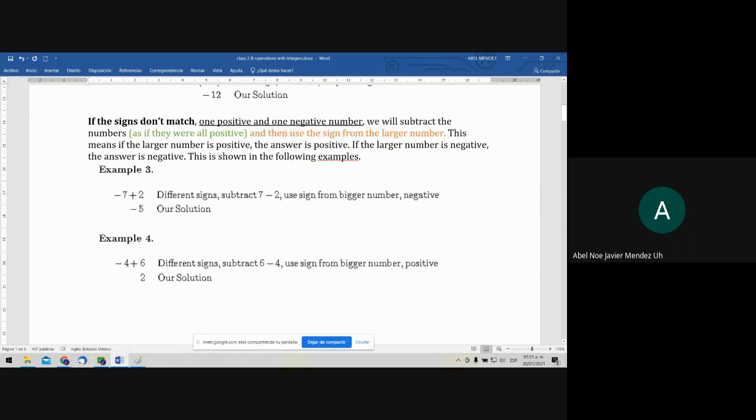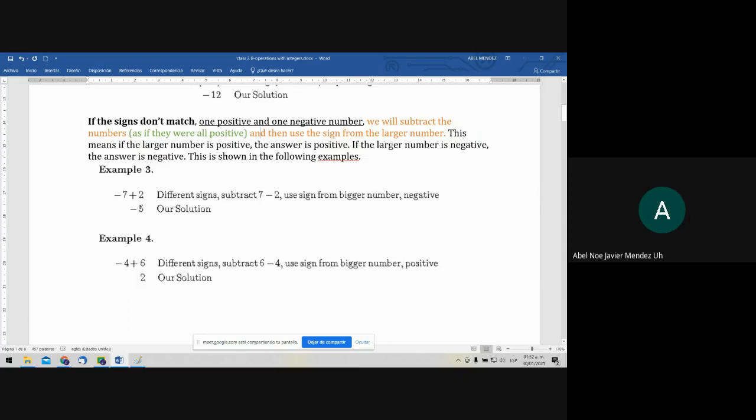We will subtract the two numbers, and then use the sign from the larger number. This means if the larger number is positive, the answer is positive.